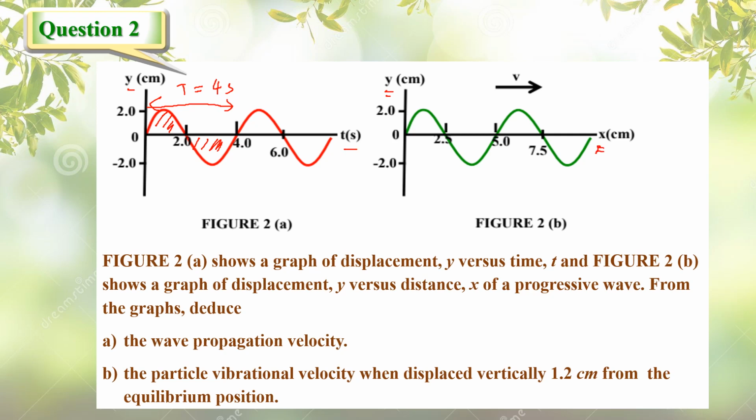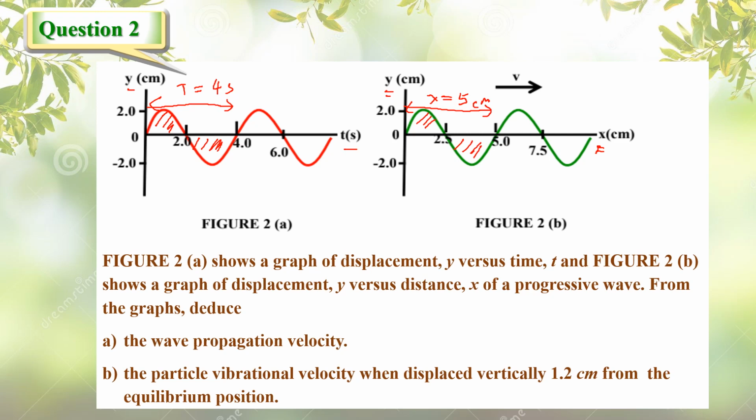Counting, 1, 2, that is 1 cycle, lambda here, we get 5 cm. So the period is 4 seconds and the wavelength is 5 cm.